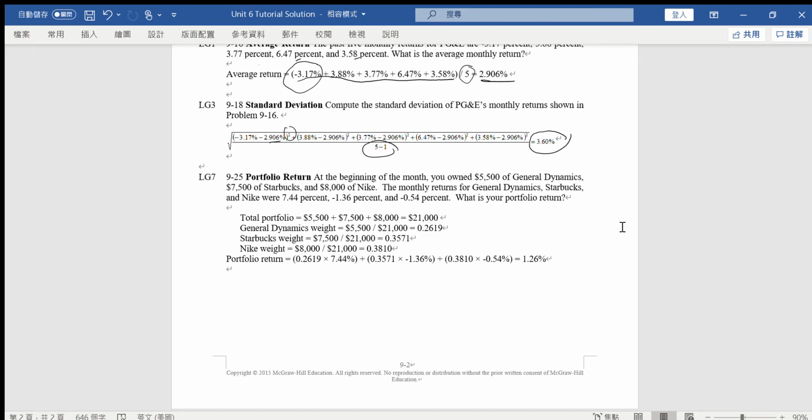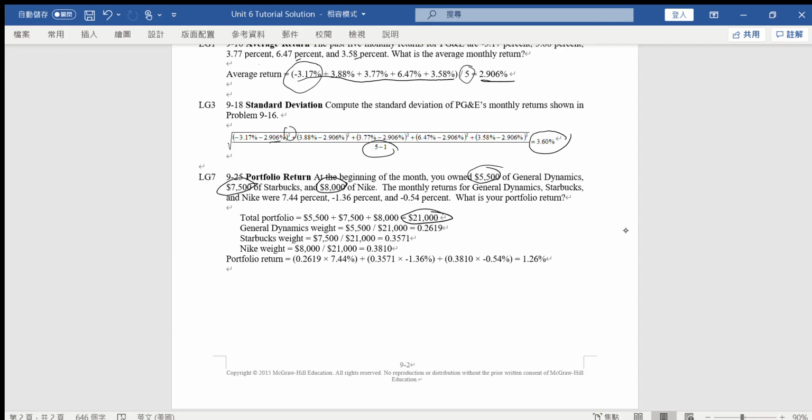What is your portfolio return? First of all, you need to work out the weighted average of each investment. First, what is the total amount of your portfolio? Adding up General Dynamics, Starbucks, and Nike, the total value is 21,000.